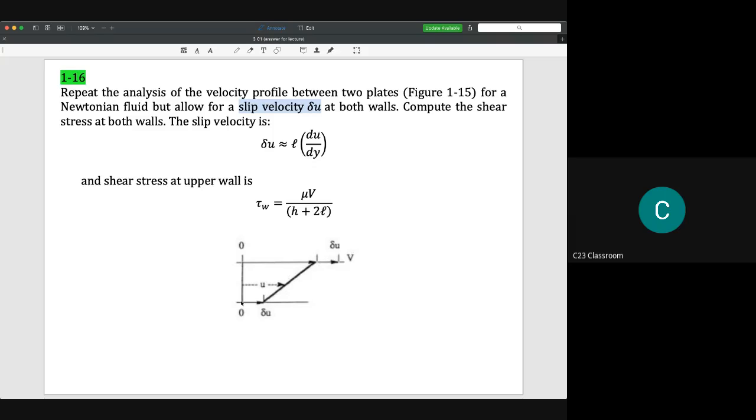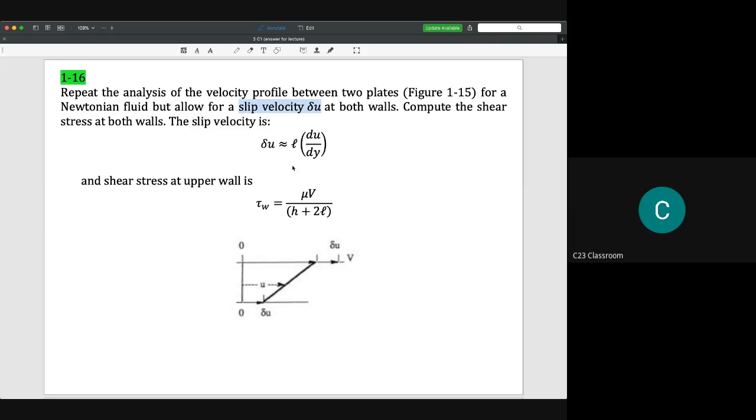But in this question, we assume that this molecule is actually moving at a certain velocity, meaning it slips. Because the shear stress still acts on that molecule, it cannot move as fast as velocity V. It can only move a little bit, with a small value of velocity.